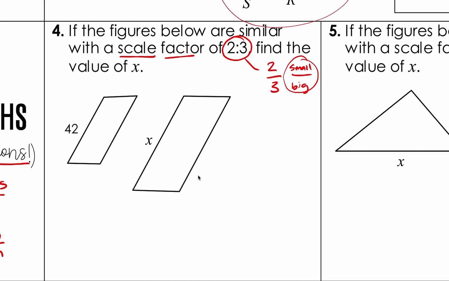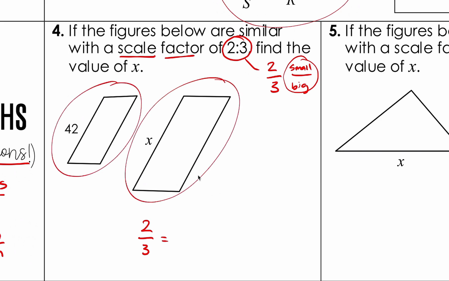Now let's find the value of x. So we know the scale factor is 2 to 3, so that means the sides have to match 2 to 3. So let's look at the polygons. Look at the picture. Which one of these is the small polygon? This one or this one? If you said the one on the left, you're correct. The smaller one is the one that says 42.